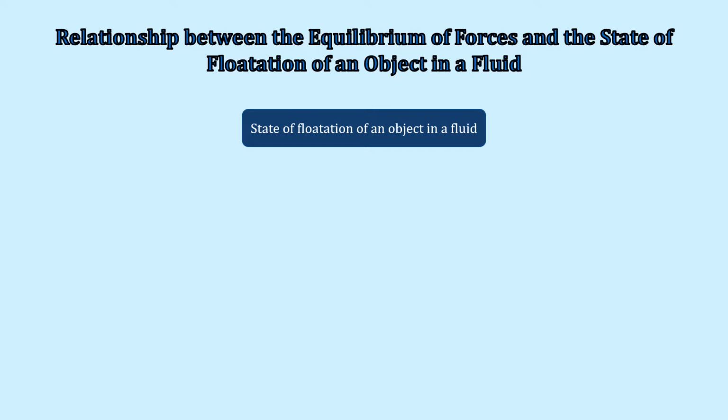The first one is the weight of the object due to gravity, and the other one is the buoyant force due to the fluid displaced. The state of flotation of the object is determined by the relative magnitude of the two forces. There are three states of flotation of an object in a fluid that we need to know.